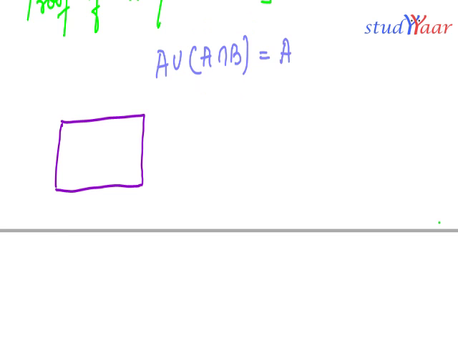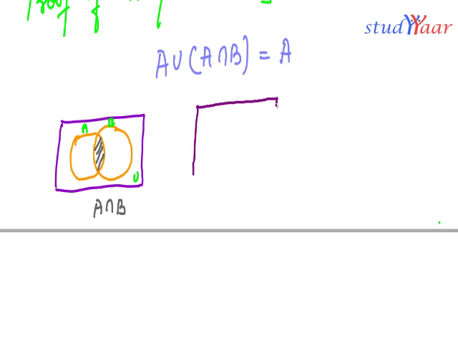My A intersection B is going to be like this, and this represents A intersection B. Let's write this as A, write this as B, and this is U. Then this is A intersection B. Now we also want an A over here, so I'm going to keep an A. Let us suppose this is A.